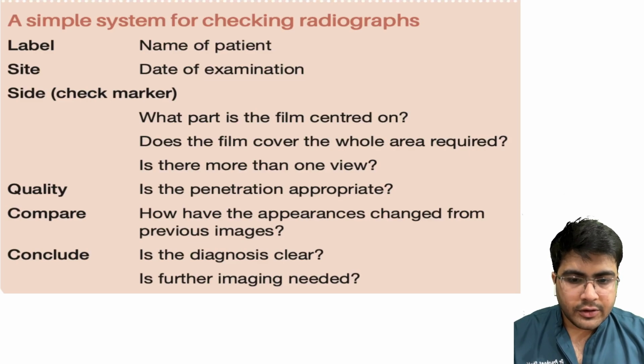Check the name of the patient, then go ahead with the site and date of examination, then look for the side marker. Then look at what part the film is centered on. Does the film cover the whole area? Is there more than one view? You need to be assured of all these things.